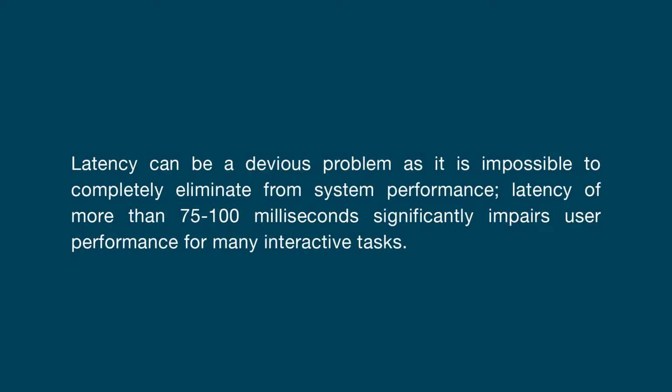Latency is the end-to-end delay between the user's physical movement, sensing this, and providing the ultimate system feedback to the user. Latency can be a devious problem as it is impossible to completely eliminate from system performance. Latency of more than 75 to 100 milliseconds significantly impairs user performance for many interactive tasks.